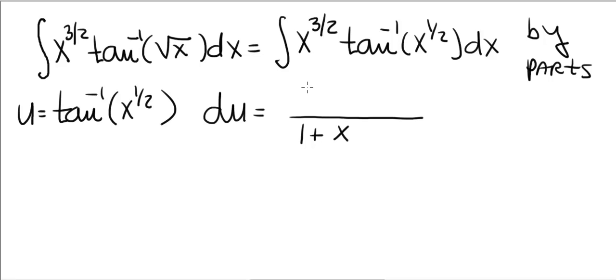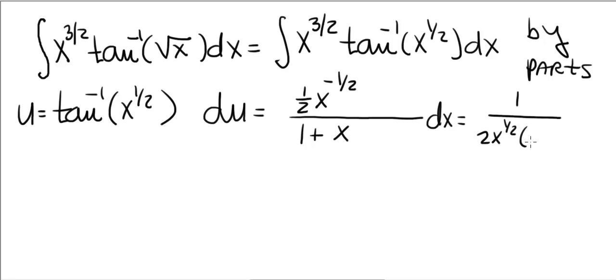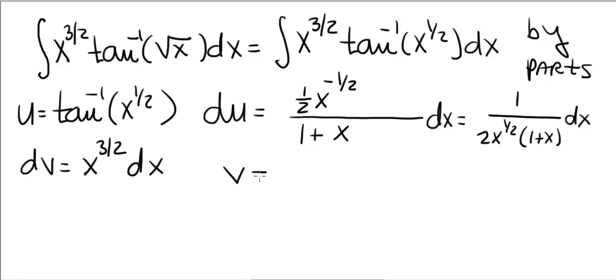In the numerator we have the derivative of x to the 1/2, which is 1/2 x to the minus 1/2 dx, and we can write this as 1 divided by 2 times x to the 1/2 times 1 plus x dx. And that means that dv must be x to the 3/2 dx, and we can take the simplest antiderivative, that is v equals 2/5 times x to the 5/2 power.